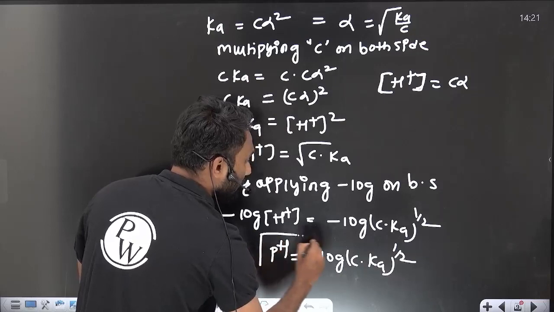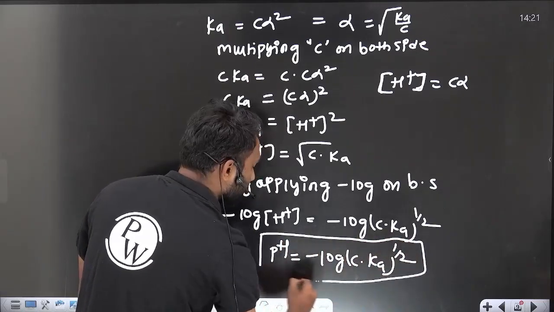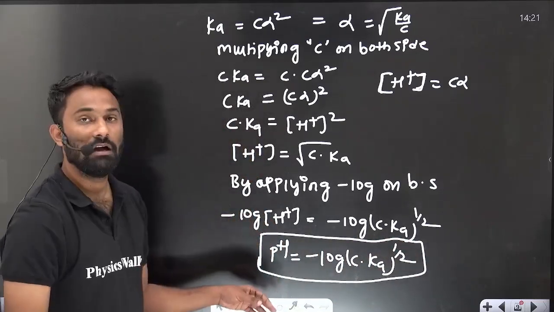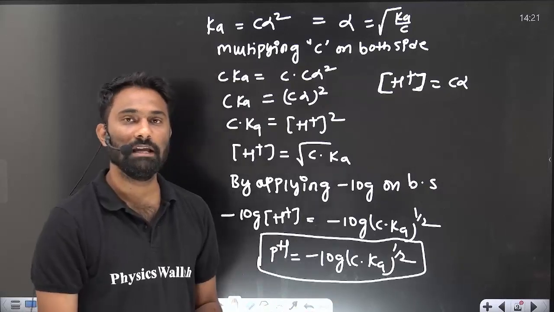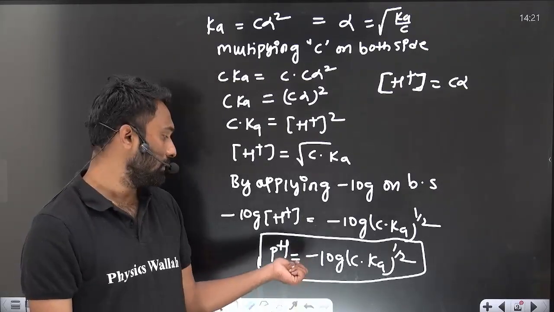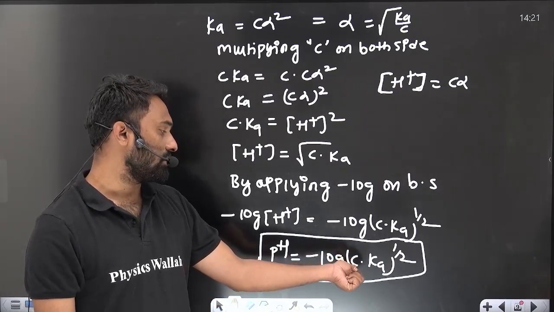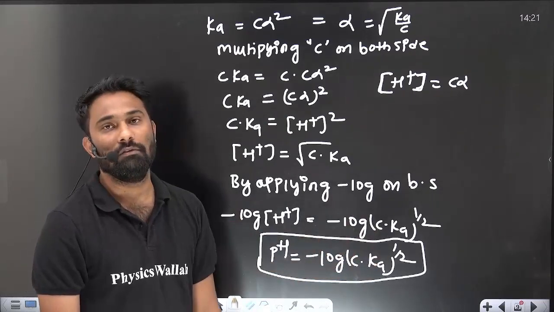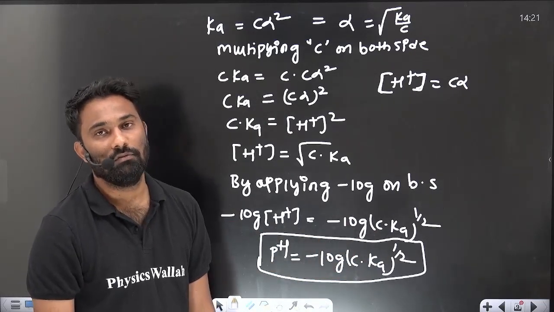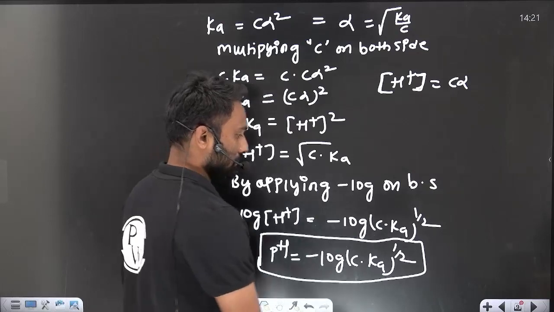This is the pH for a weak acid. The weak acid's pH formula is pH is equal to minus log of concentration into K to the power half.